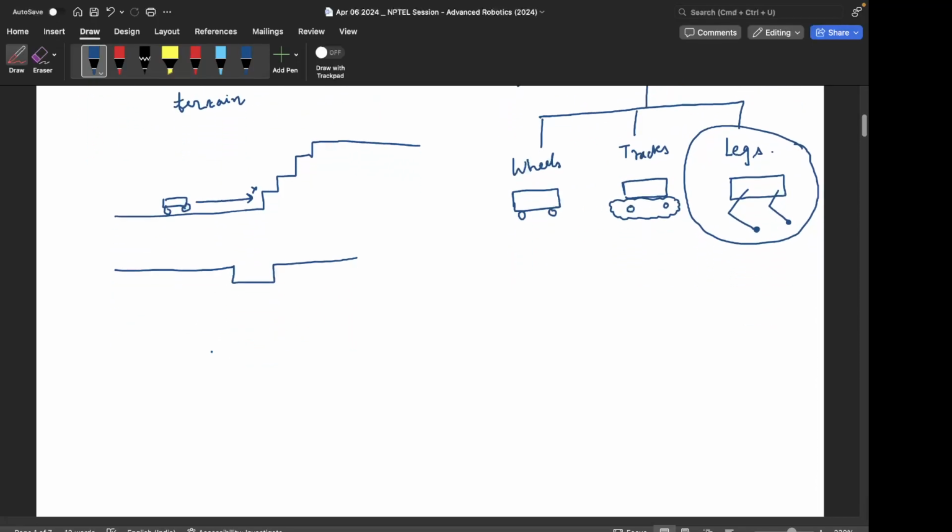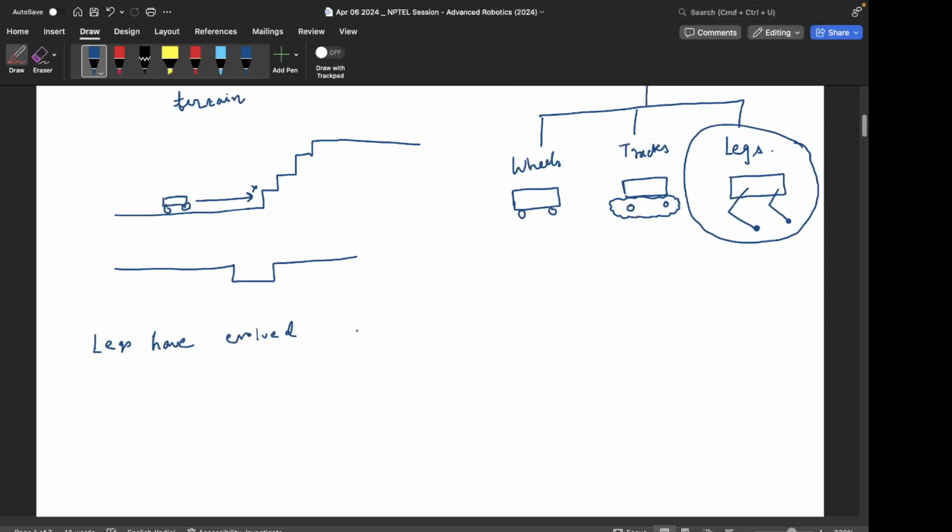So that's why legs have evolved for terrestrial locomotion. Over the period of millions of years, evolution has taken place, and all the animals and humans have evolved to use legs, and they can go anywhere on the ground, right.